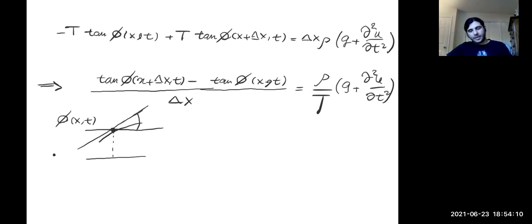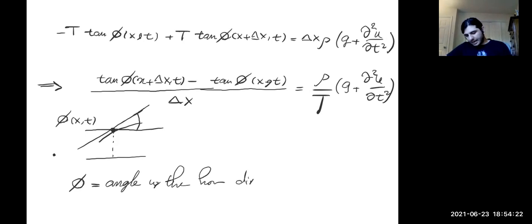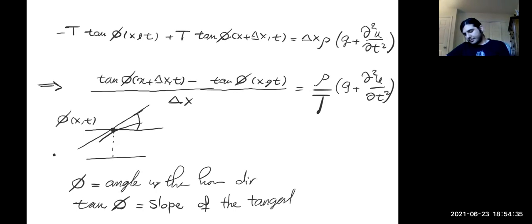right? So if phi is equal to the angle with the horizontal direction, tangent of that is equal to the slope of the tangent line. We have a curve. This string is like a curve.